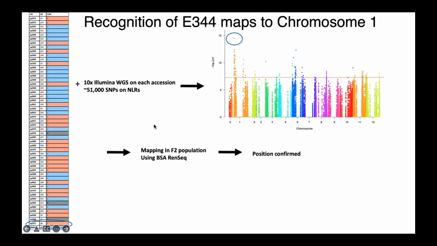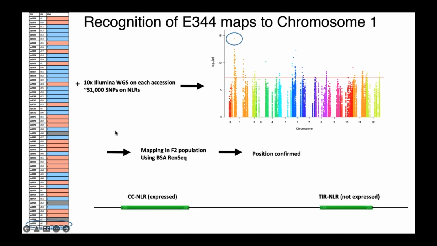But indeed, we can just perform simple mapping in an F2 population and use bulk segregant RenSeq to identify any loci. And we can confirm that this point at the top of chromosome 1 is co-segregating with recognition of effector 344.